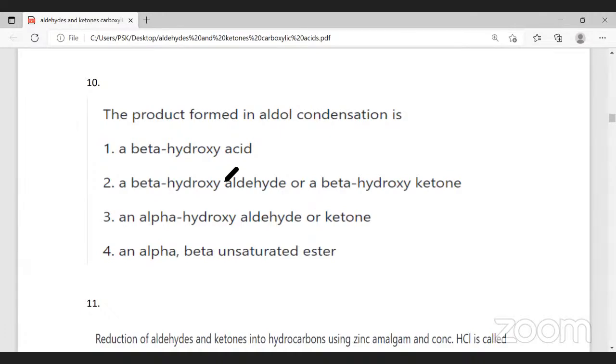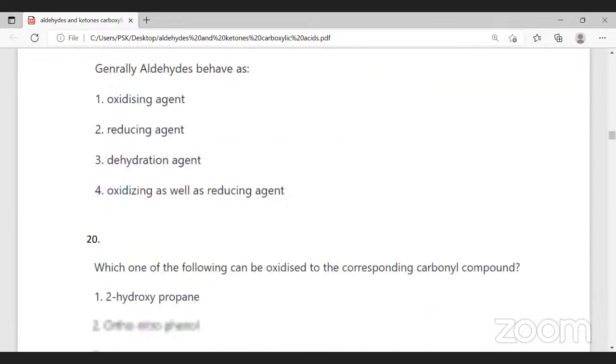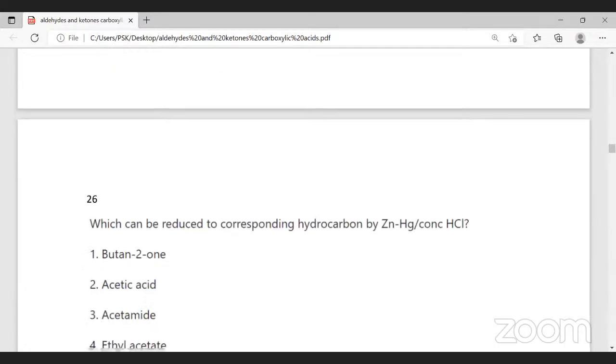I cannot teach you this because I didn't teach the chemical properties of aldehydes and ketones. I have to teach you the chemical properties of aldehydes and ketones first. Only then I can teach all this.